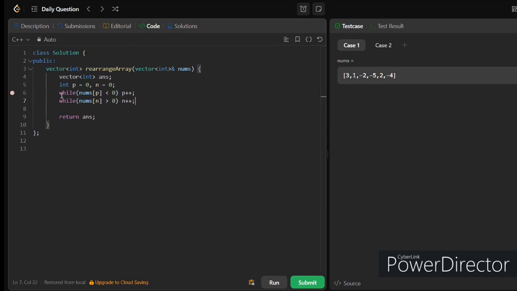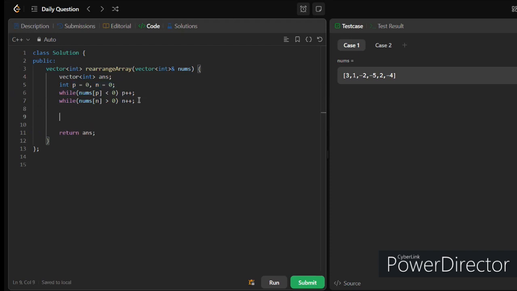So simply, if nums[p] is less than 0, we don't want that, so we increment this. And then after these two loops, p is on the positive integer and n is on the negative integer.